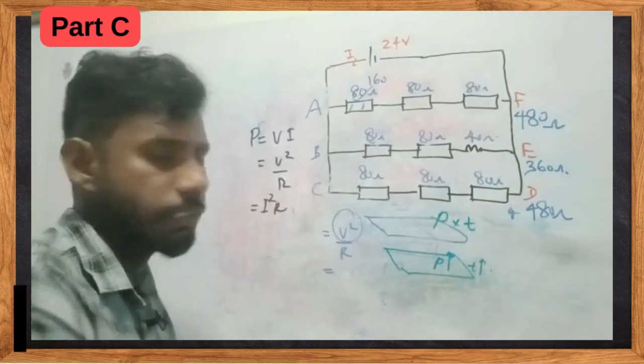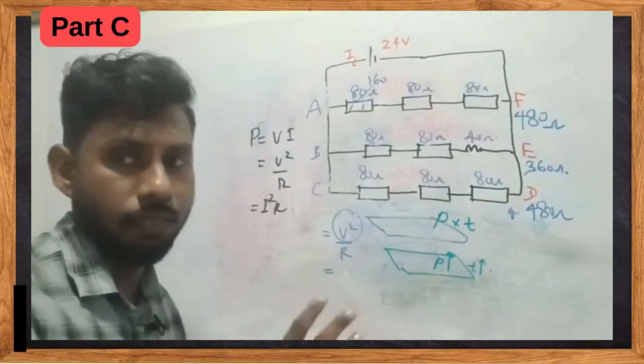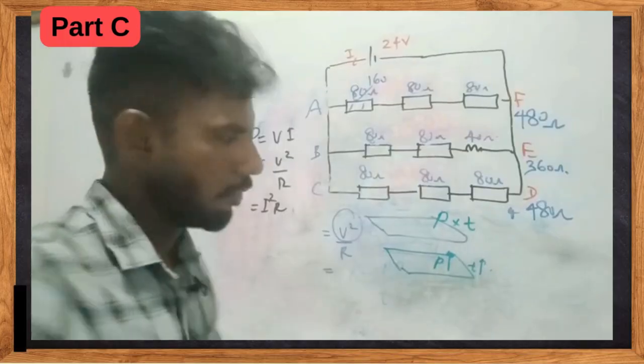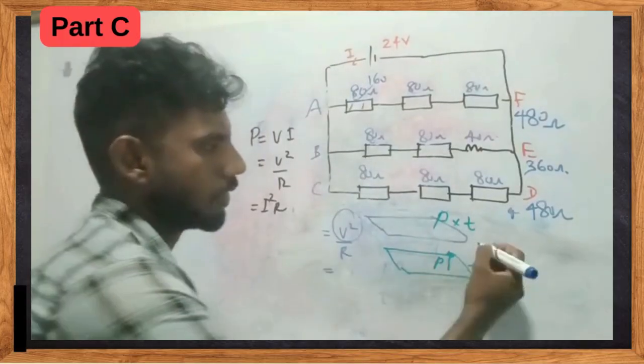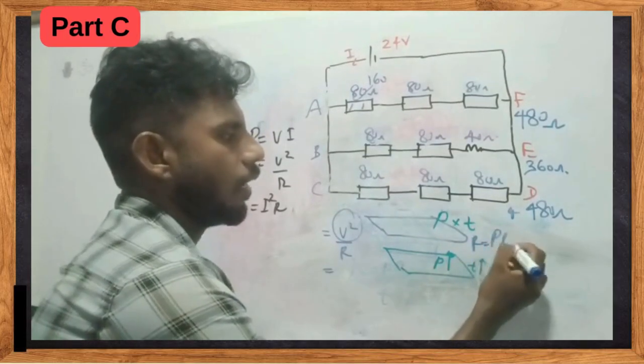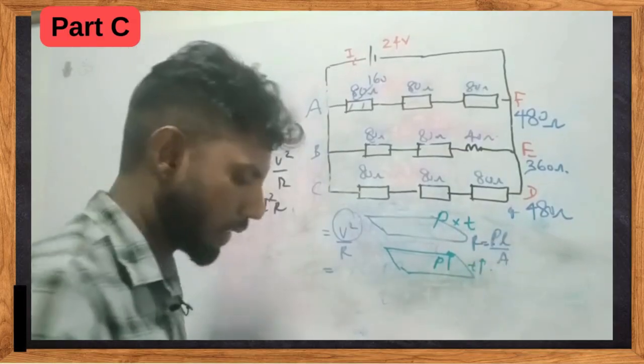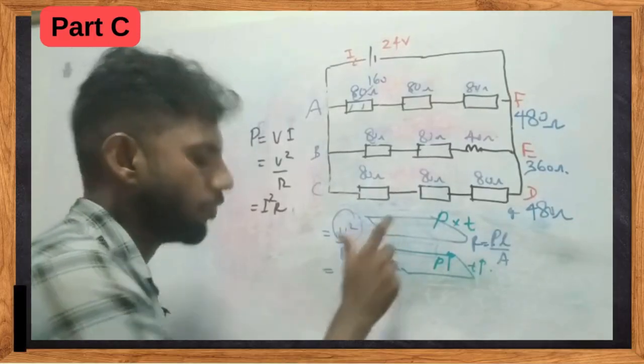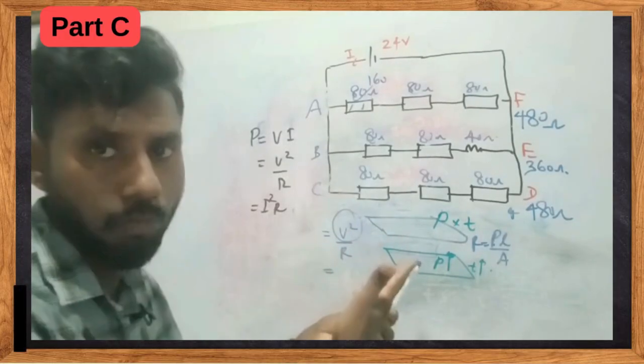So what happens here is this resistivity will not change with temperature. So R equals rho L over A. So if rho doesn't change, then R will not change. So here the power will remain constant in the above layer.